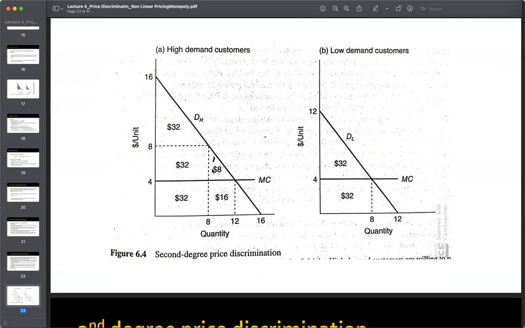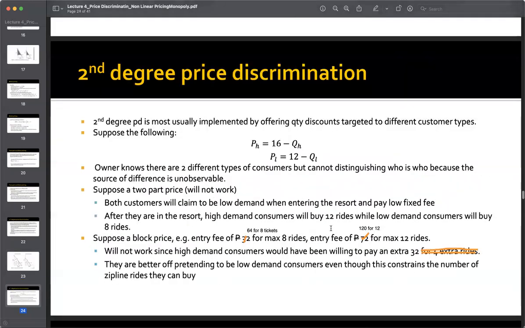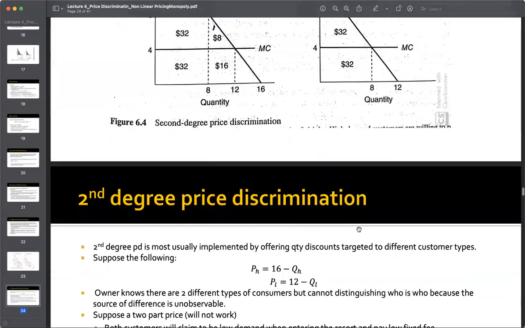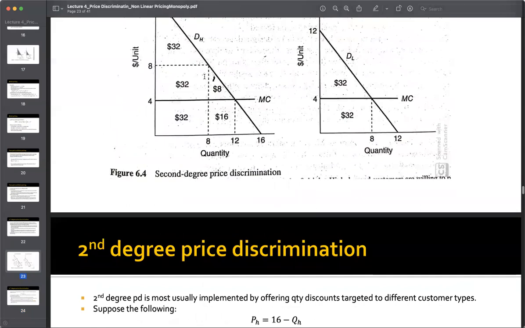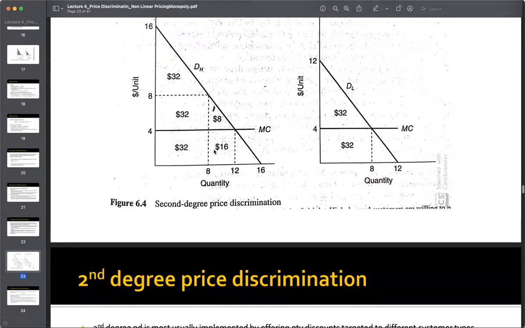Now, block pricing would also be similar, because it would also fail. In that case, the high demand consumers would prefer, instead of buying 12 units for 120, which is this entire area under the demand curve, 32, 32, 32, 8, 16, that's 120.